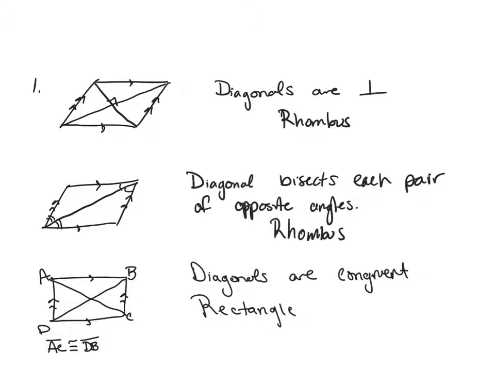Right? So those are the three things you'll look at and say, okay, if I can prove any one of those things is true, then I have the shape that I have. So that'll be what you're doing in problems 1 through 3. Right? Looking at the information that's given and then deciding if it's a rhombus, rectangle, or a square.